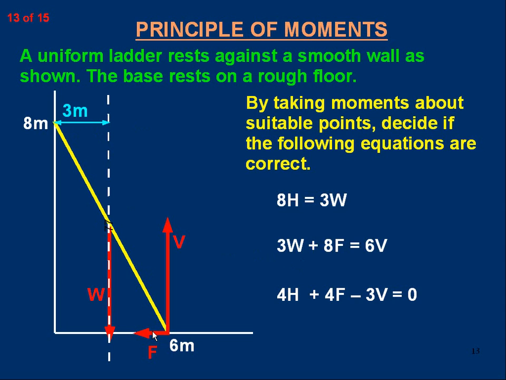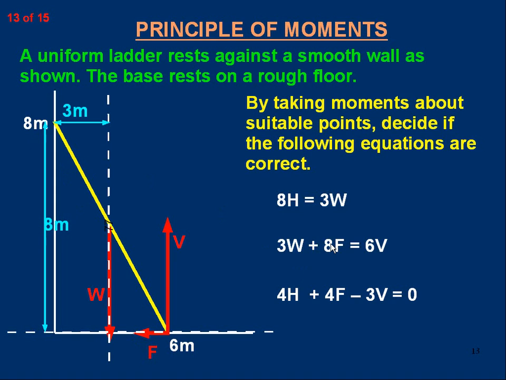Well, F is producing a clockwise moment about the top of the ladder. Line of action of F. How far is the line of action of F from the top of the ladder, that top point? It's 8 meters. So the clockwise moment from F is F times 8. So the total clockwise moment about the top of the ladder is 3W plus 8F.